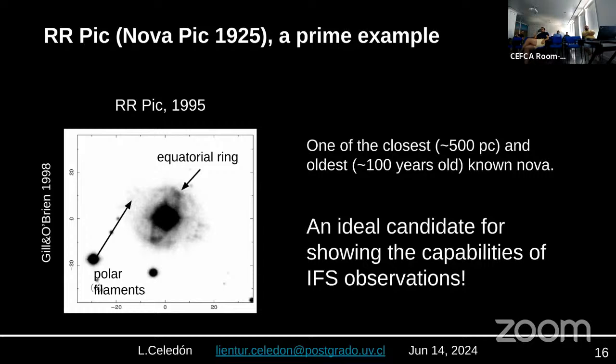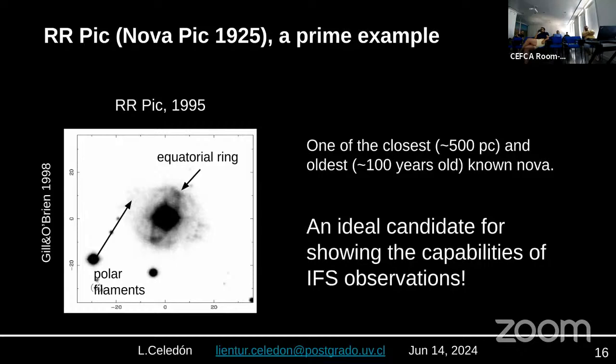This is the image of the nova shell of RR Pic taken in 1995 by Gill and O'Brien, 1998. This system is a particularly good example of the capabilities of MUSE because it's one of the closest systems, only 500 parsecs, and one of the oldest shells, almost 100 years old.